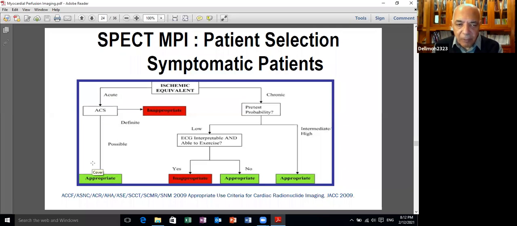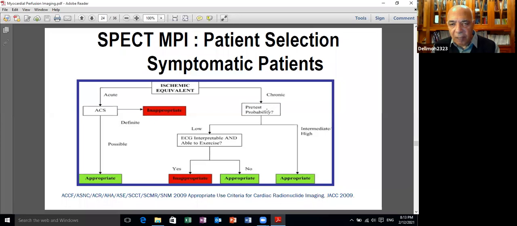Though the appropriate selection criteria gives this as appropriate, it is very rarely, as I said, only for patients in whom you choose the ischemia-driven strategy because of their very low risk. But for examination reasons, they don't like you to send acute coronary syndrome for MPI, only for the cath lab. It's for chronic patients that we have the choice either of the exercise ECG test, a straightforward, simple, not expensive test, or imaging.